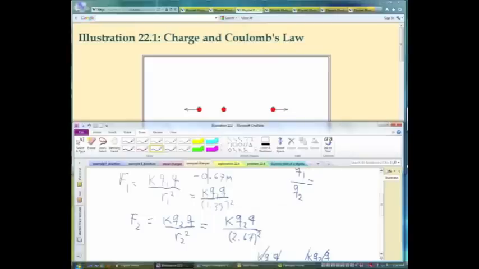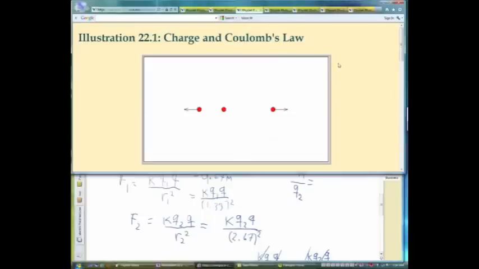Does that make sense? If the zero force point is there, because Q1 is weaker than Q2, then that point is going to have to be closer to Q1. Correct?